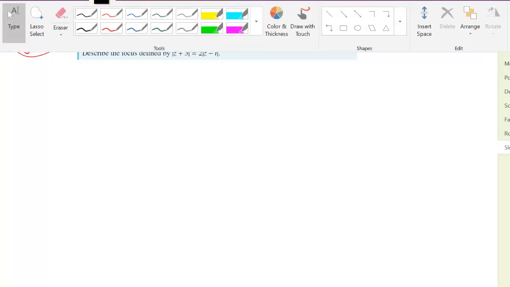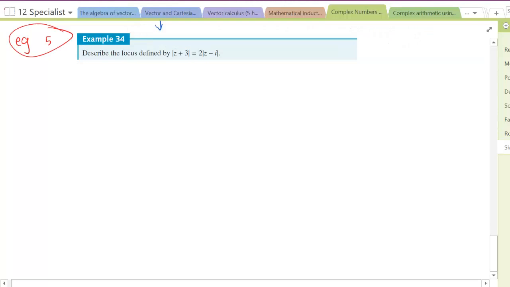In this example, we're looking to describe the locus defined by an equal distance from the point z plus 3 and 2 times z take i. Okay, so what we've got is x plus yi plus 3, and it's always going to be 2 times x plus iy take i.